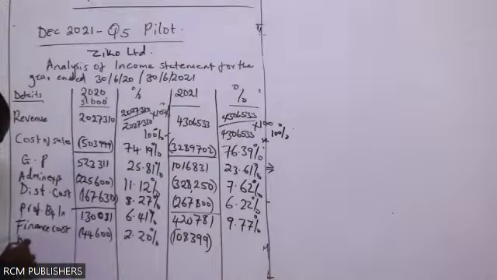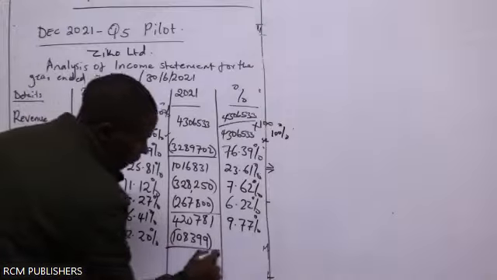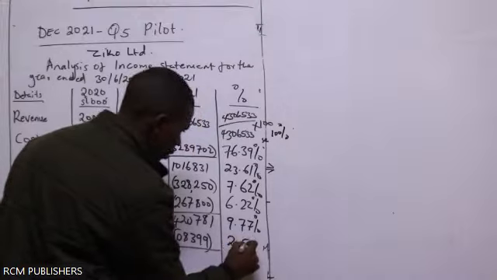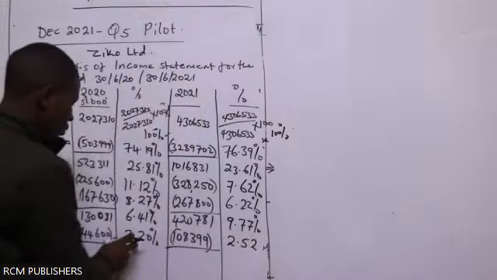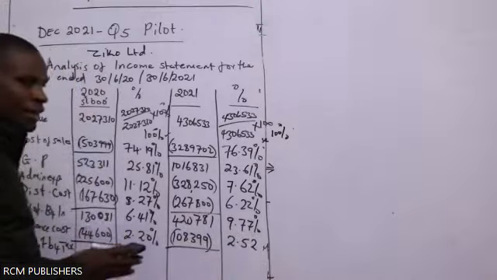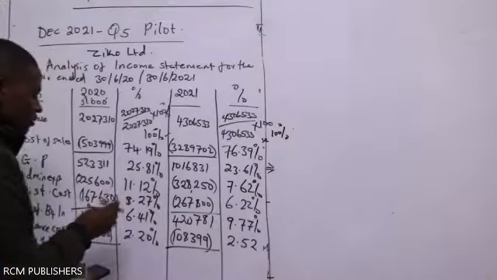Profit before tax is our next. Profit before tax. This will be given by the difference. 2.52. So unaona sasa ukiweka hivyo unaona difference. Because we are trying to analyze even the smaller difference.